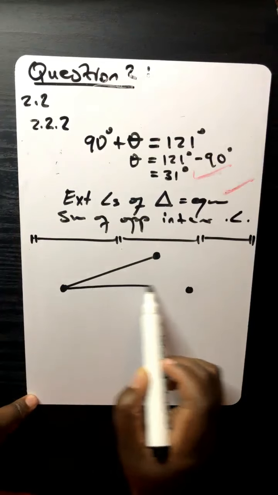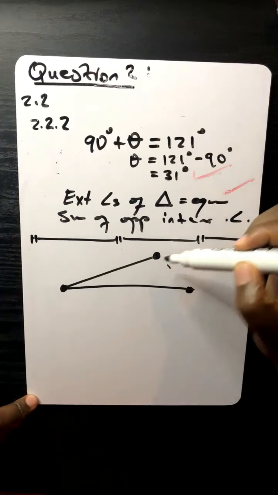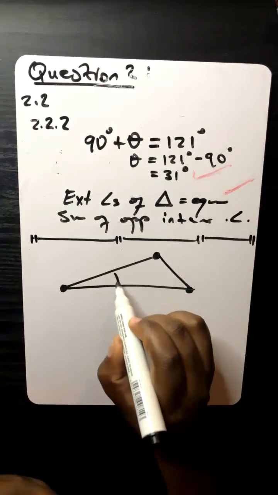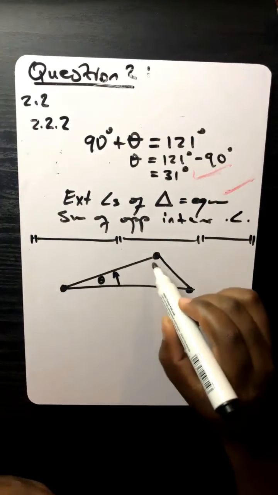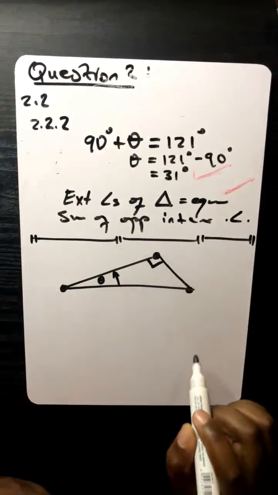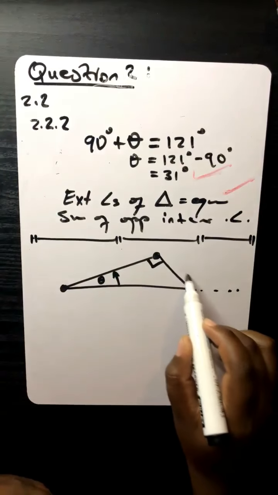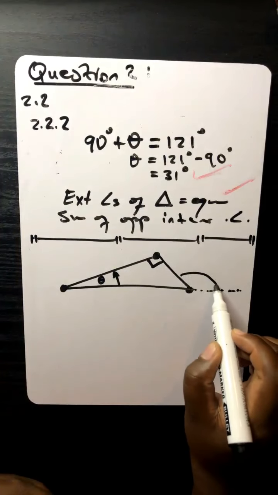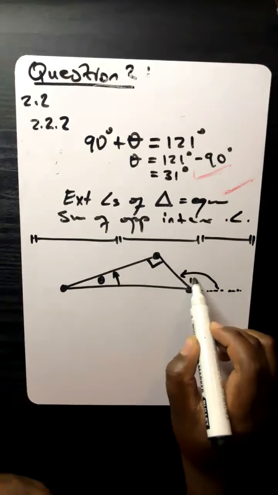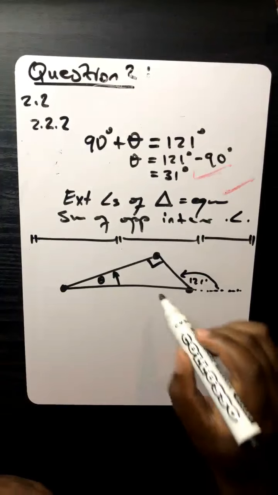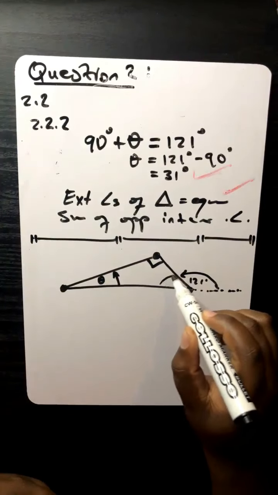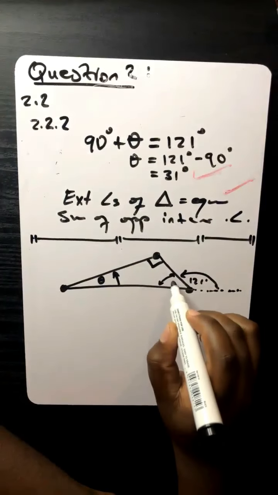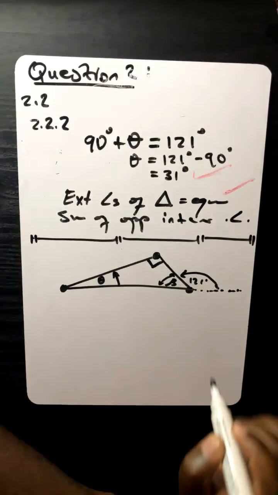Zanda, thanks very much for that. So let's quickly try to check what Zanda is saying. Remember, guys, this is that angle theta, and we know very well that this is that. So maybe let me just extend all of that. Remember, this is a horizontal line. Then we've got that angle being 121 degrees. So that means we still have that angle there, which we can refer to as angle beta.